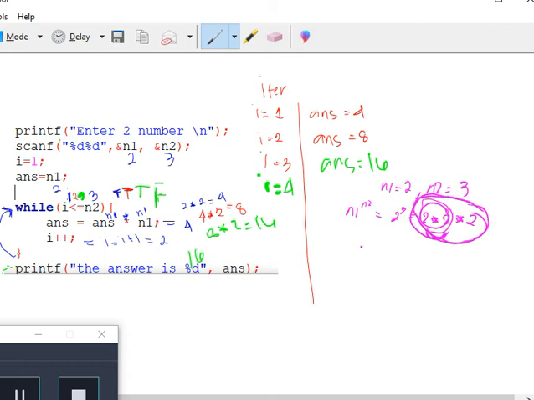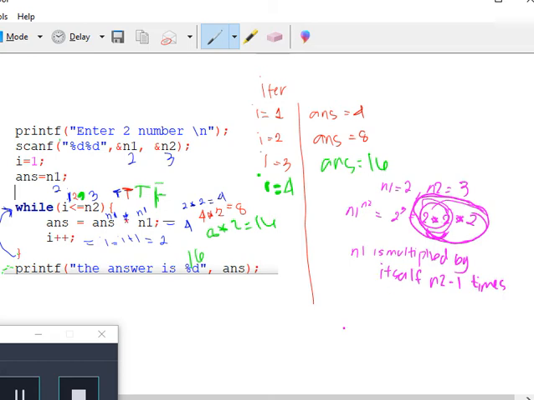So, it's like saying n1 is multiplied by itself n2 minus 1 times. 3 man ang atong n2, but in here, atong nakita is kaduha ra nahitabo ang multiplication.